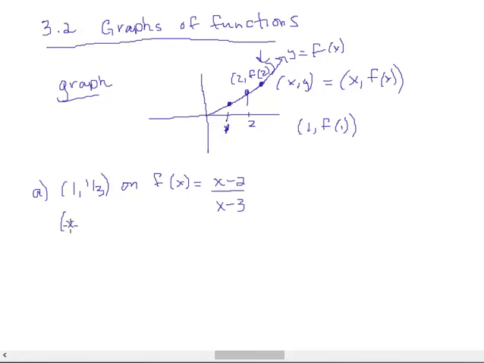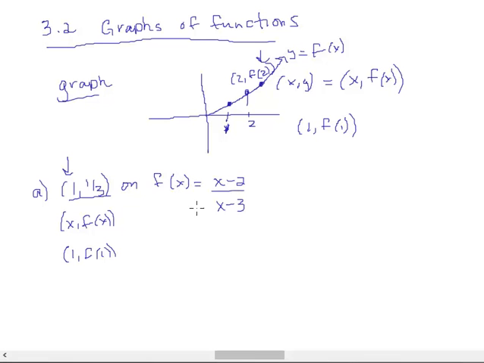Well, remember, every point on that graph is (x, f of x). So if I want to know if this point (1, 1/3) lies on this graph, then I need to sub 1 in for x and see if f of x is equal to 1/3. So basically I'm looking for (1, f of 1).